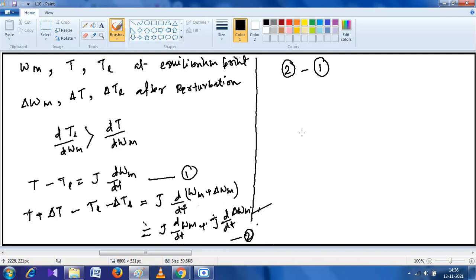Subtract equation 1 from 2, what do we get? Delta T minus delta TL is equal to J d/dt of delta omega m.